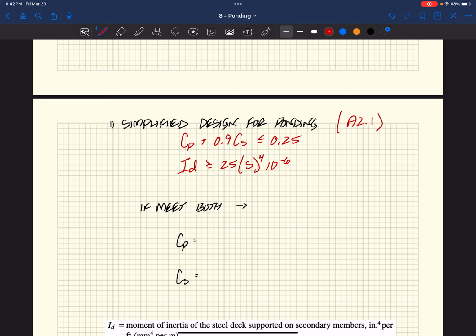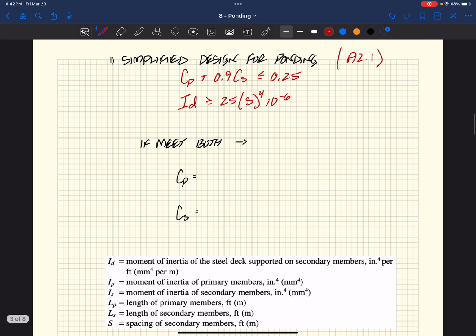So what is this? It gives us these two coefficients, CP and CS. If we look down here, CP is going to be 32 times LS times LP to the fourth, all over 10 times 10 to the seventh times IP.